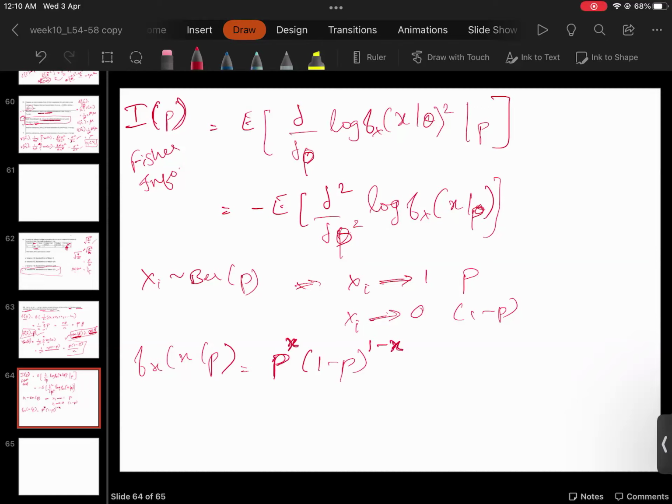So you have this. Now you just apply log on both sides. So log of f of x given p is equal to, when you apply log of p power x, this power will come here.